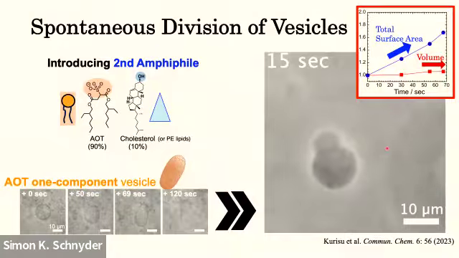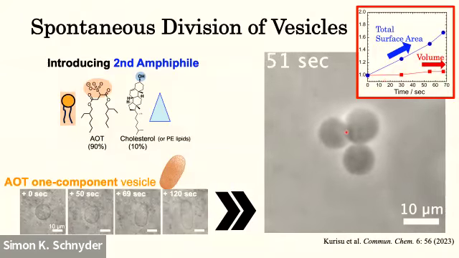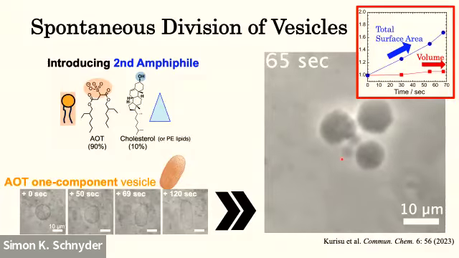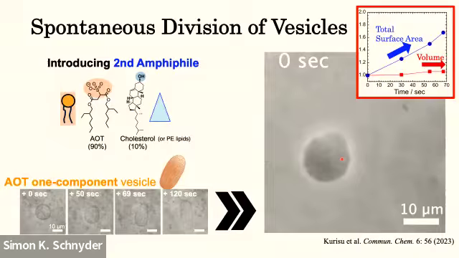But the problem is that this system lacks a volume increase mechanism. That means the membrane surface area can increase by taking up additional membrane molecules, but you can see that the size of the vesicle becomes smaller and smaller by deformation and division.